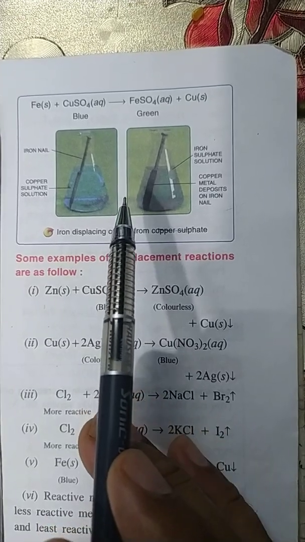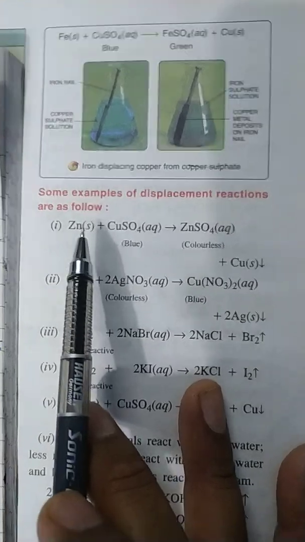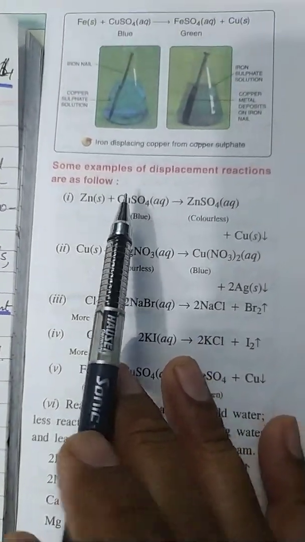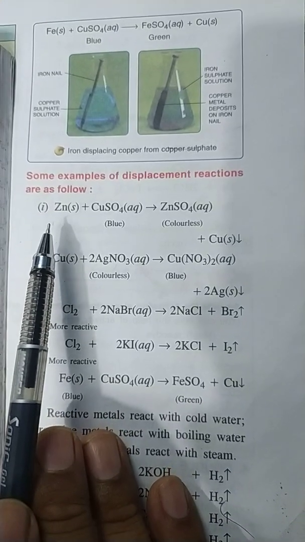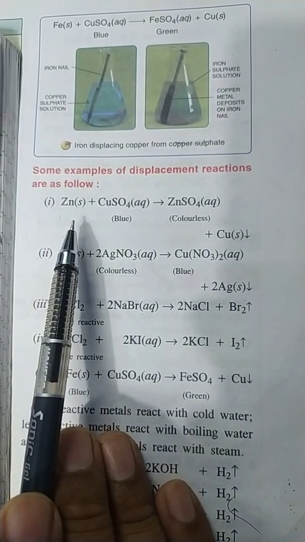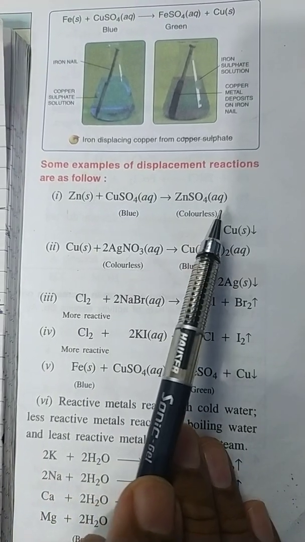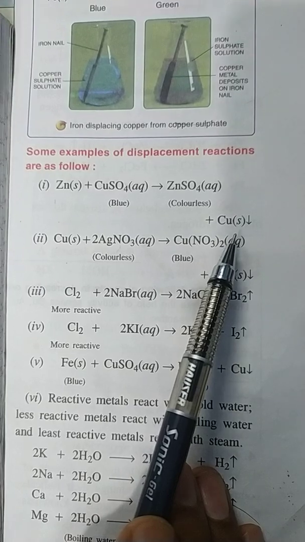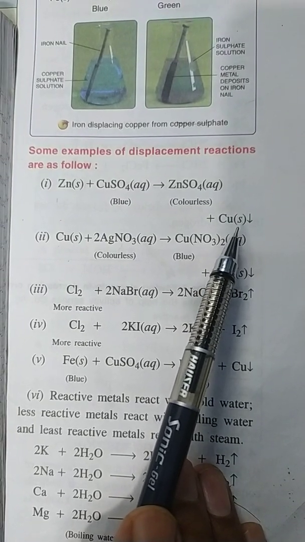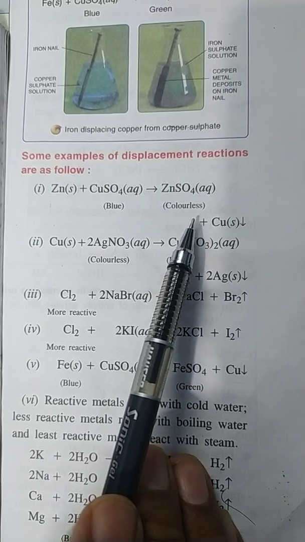Now today we will go on with some more examples of displacement reactions, which are given here on page number 103. Here zinc displaces copper from copper sulfate to give zinc sulfate, and copper metal is precipitated. We see that copper sulfate is blue and zinc sulfate formed is colorless.